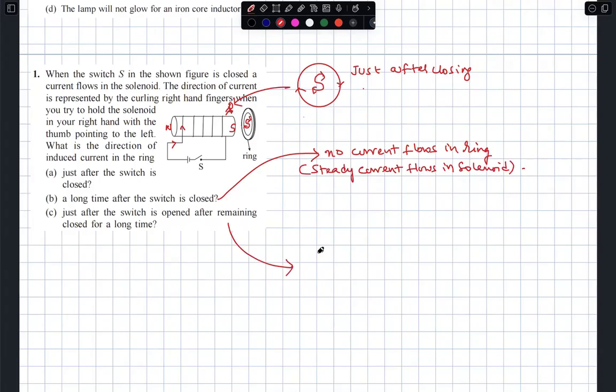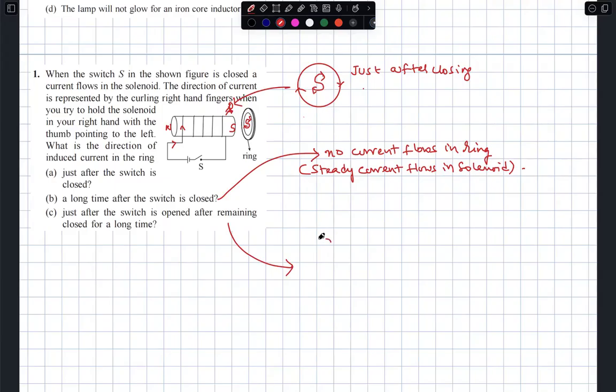Next. After opening the switch, what happens? It attracts. Actually, it should be attracted. Exactly reverse to the previous case. Flux decreases. It's south, but decreasing.